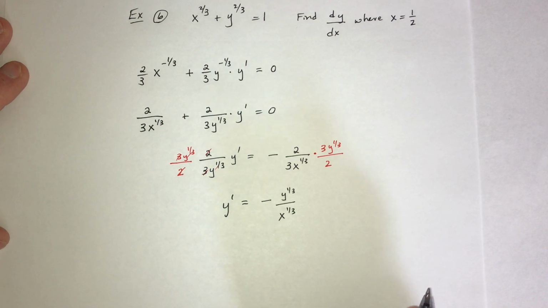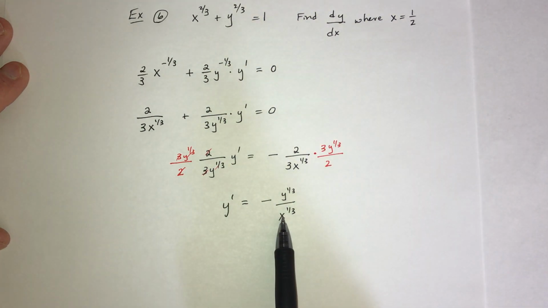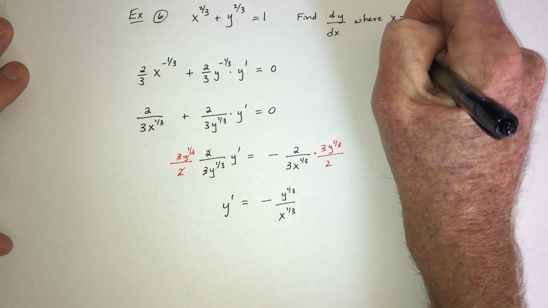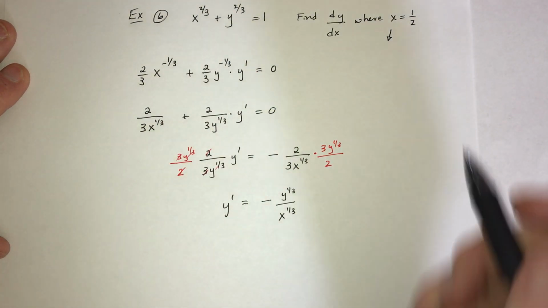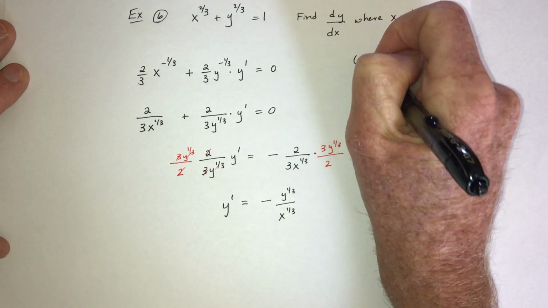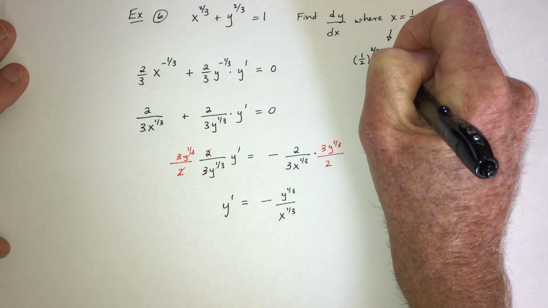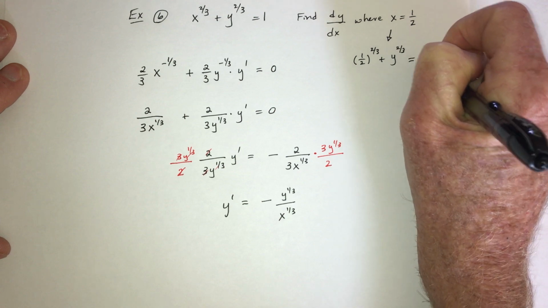Now we're almost done. So you could see we're supposed to plug in x equals 1/2, but we also need the value for y. So that means we need to do algebra. So over here, I need to go back to the original equation and plug in 1/2. So 1/2 to the 2/3 power plus y to the 2/3 power equals 1.